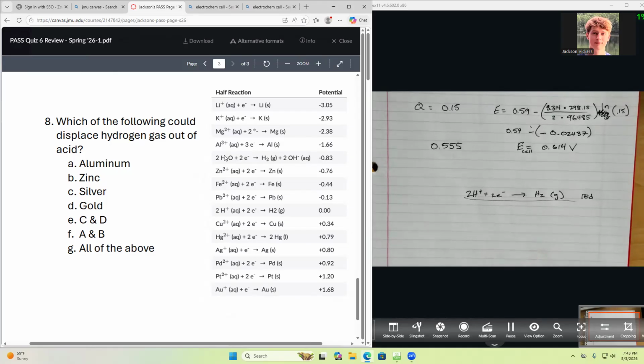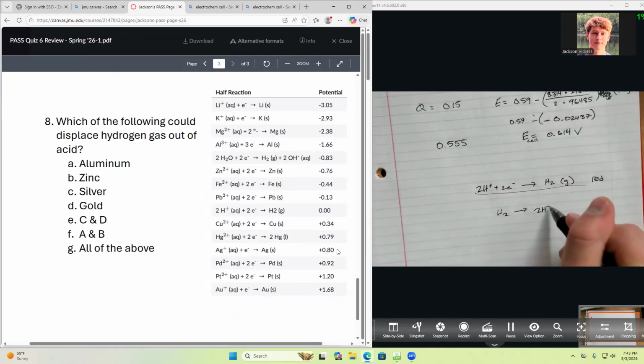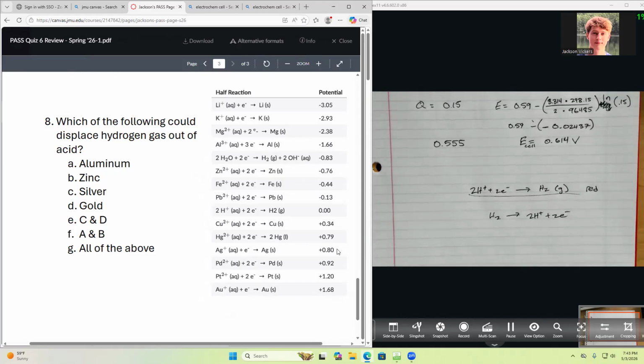Zinc is also worse at being reduced than hydrogen, so zinc is one of our answers. Silver is down here. Silver is better at being reduced, meaning if we paired silver and H2, all of a sudden the H2 would be flipped and it would actually be oxidized, which would be bad. So silver doesn't work. Gold is also down here, so it wouldn't work either. So the answer here is A and B.